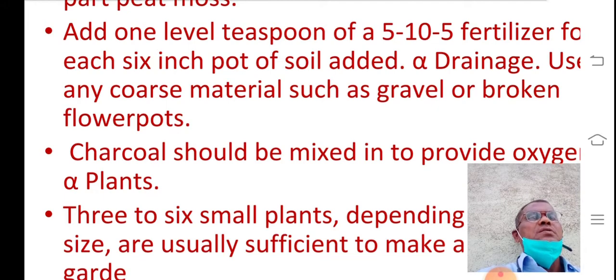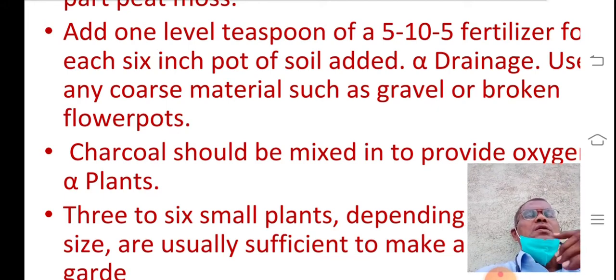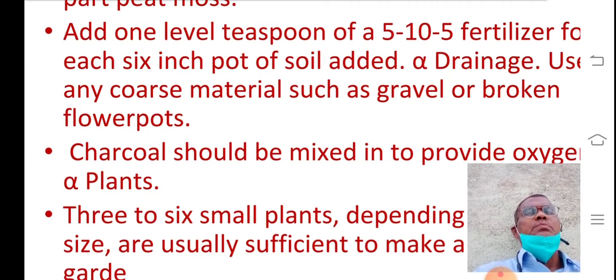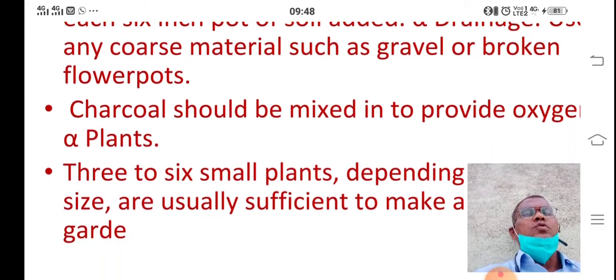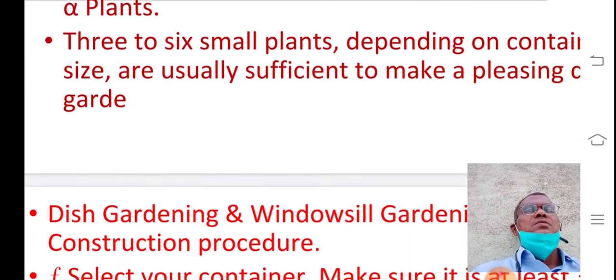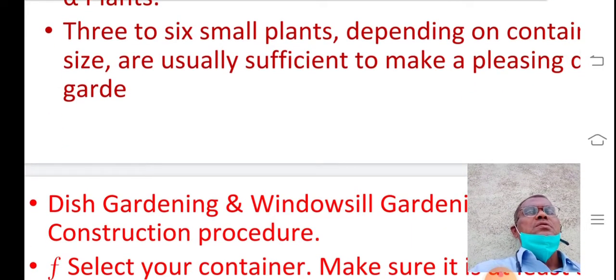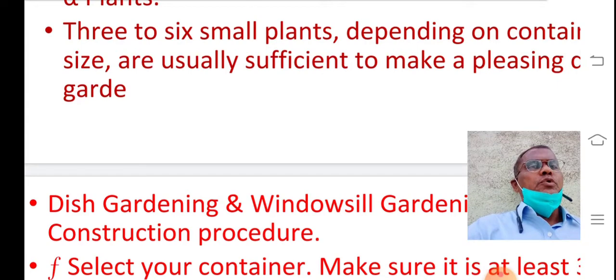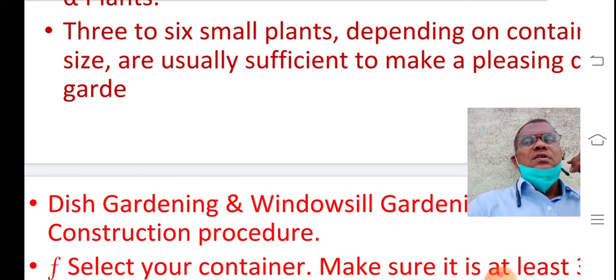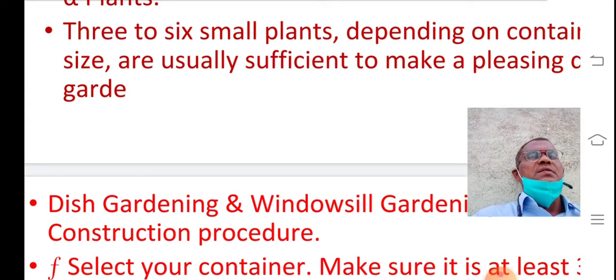Generally 5 to 10 spoons of fertilizer are used, because more fertilizer may have an effect on plant growth. There should be no crowding of the plants inside the pot. This is also one interesting part.